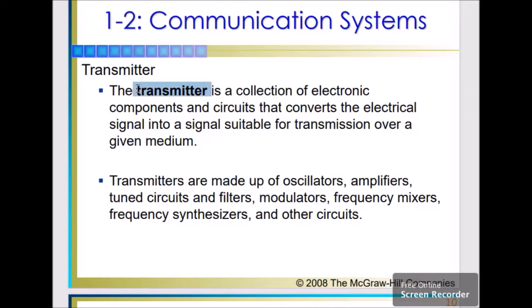Siya yung mag-transmit para suitable yung iyong information doon sa gusto mong medium. So, transmitters are made up of, ayan, sa later makikita natin yung mga circuit ng transmitter. But basically, it is just made up of oscillators, amplifiers, tune circuits and filters, modulators, frequency mixers, frequency synthesizers, and other circuits.